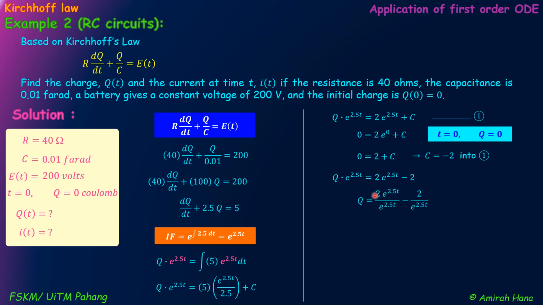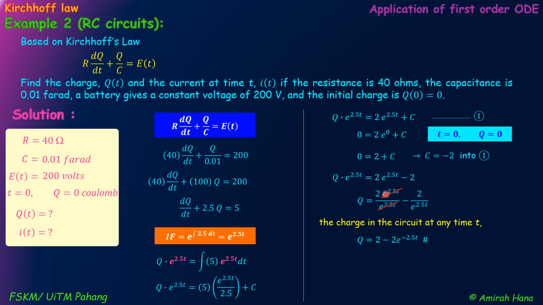Okay, q as the subject equals to 2e to the power of 2.5t over e to the power of 2.5t, minus 2 over e to the power of 2.5t. Right? So we can write the charge in the circuit at any time t is given by, okay, before that we can simplify e to the power of 2.5t from numerator and denominator like this. Okay?